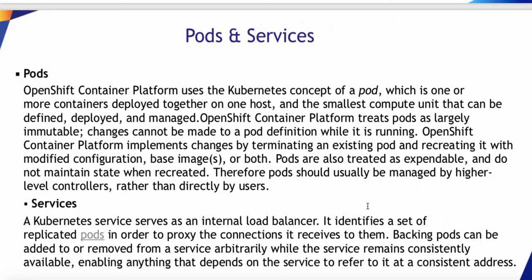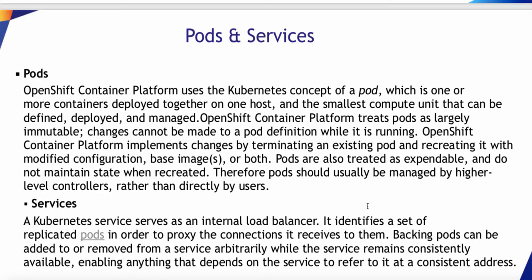Pods and services again are one of the most important parts of OpenShift concepts, where services and pods are held by the OpenShift Container Platform, a concept that comes from Kubernetes itself. A pod is one or more containers deployed together at once on a host, the smallest compute unit that can be defined, deployed, or managed.